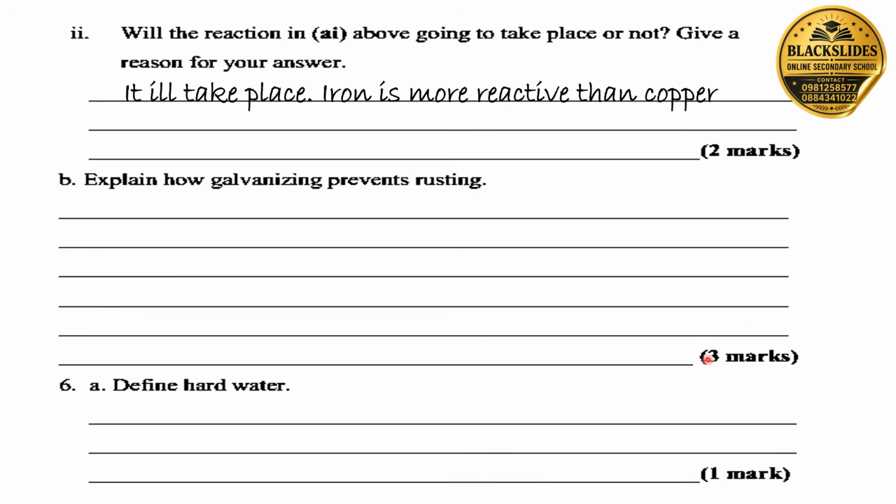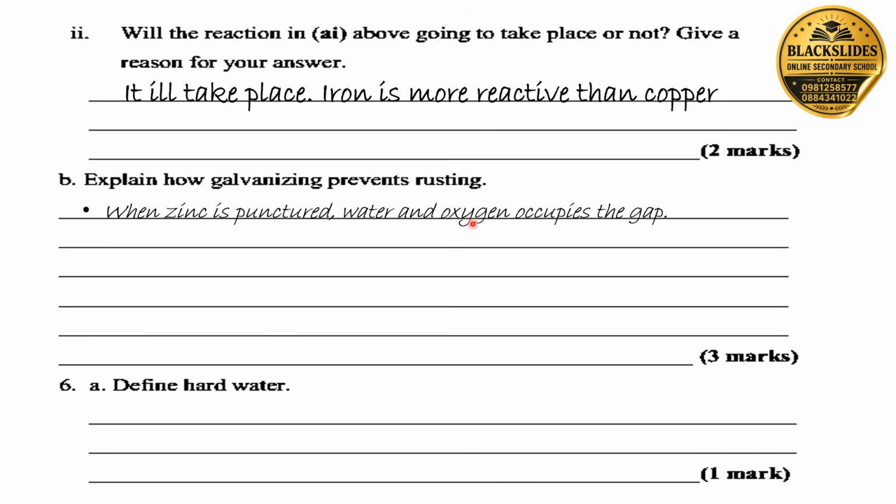3 marks. The 3 marks are coming from the fact that when zinc is punctured, let's say there's a hole made on a zinc which is coated on iron, water and oxygen, or water or oxygen occupies the gap, the puncture, the hole.